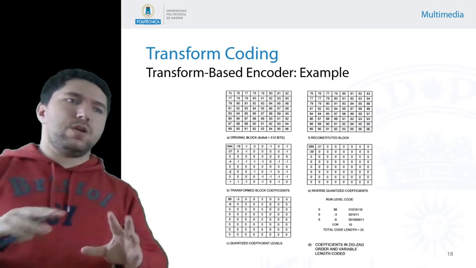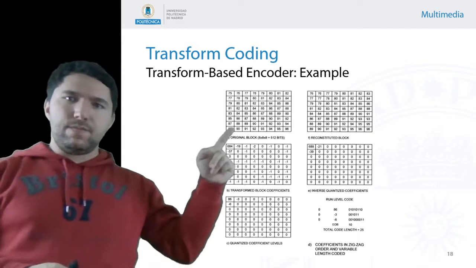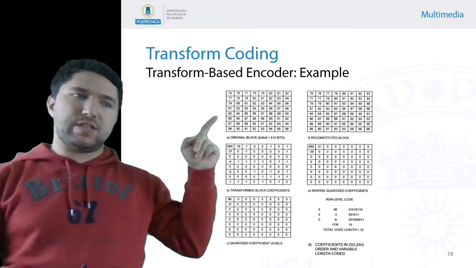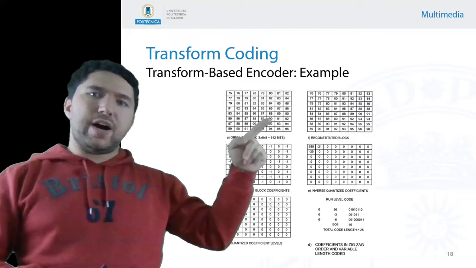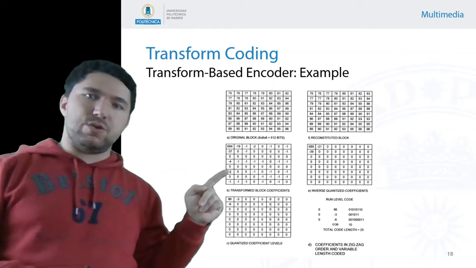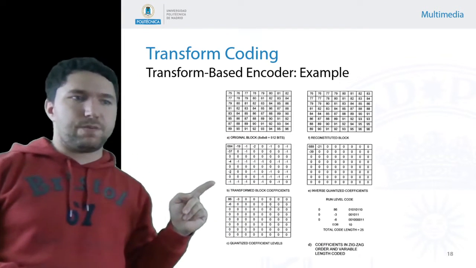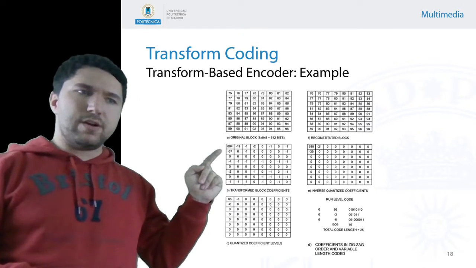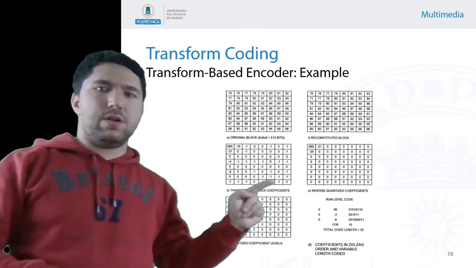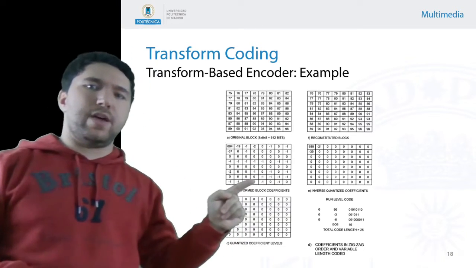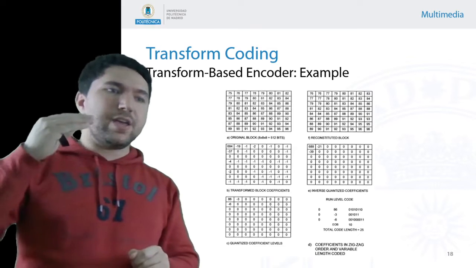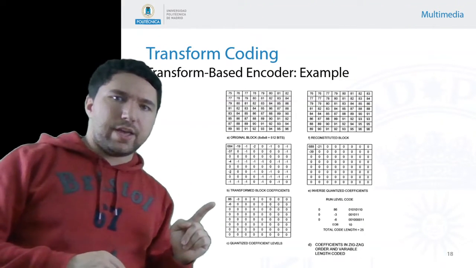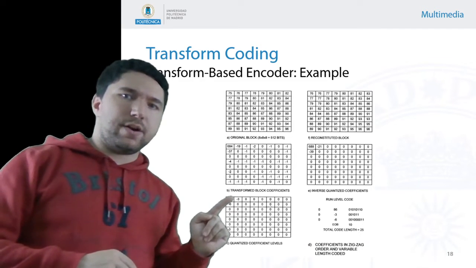Okay, so all together, again, I have an original block of pixels in the spatial domain. Then I transform the coefficients using the DCT, the discrete cosine transform, and I will obtain something like this with most of the information in this corner and very low values in the rest of the positions. Then I apply a quantization matrix, and in this case, if you check, I only keep one value here, and then this and this.